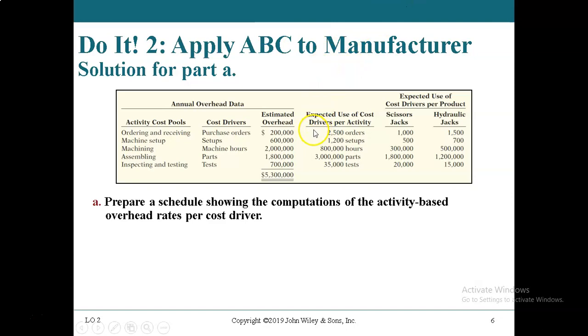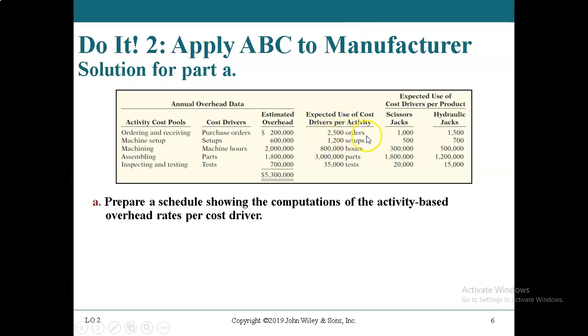Next, let's take a look at expected cost driver. Here's how you interpret this. We have $200,000 of ordering and receiving cost, and we expect that we're going to have a total of 2,500 orders. Again, total overhead for ordering and receiving is 200,000. Total number of orders we expect to have, 2,500.